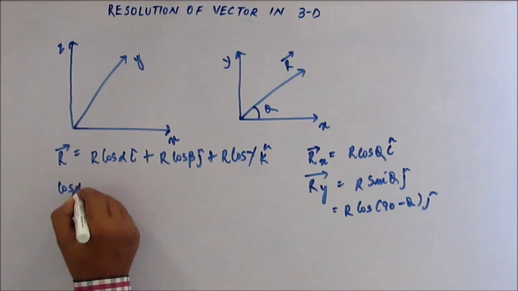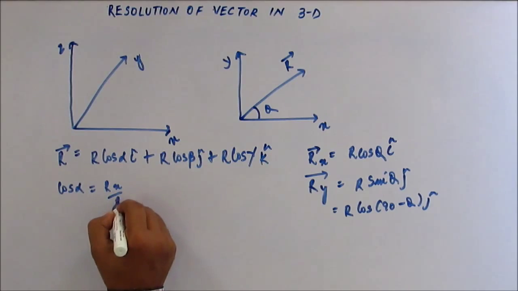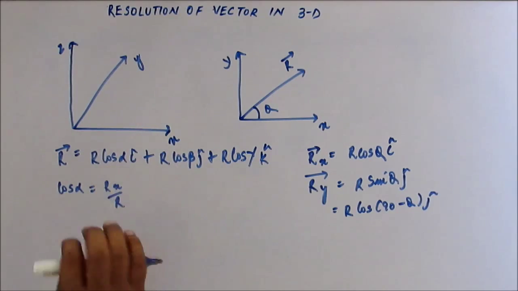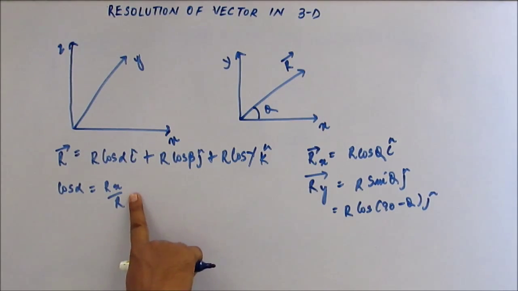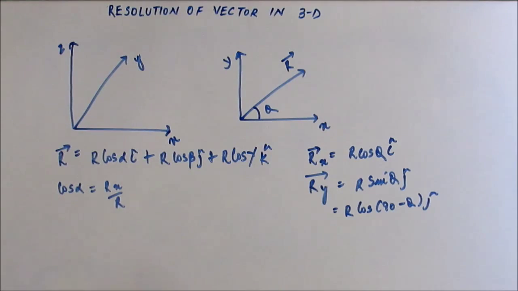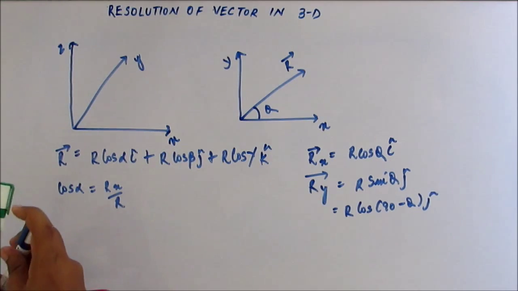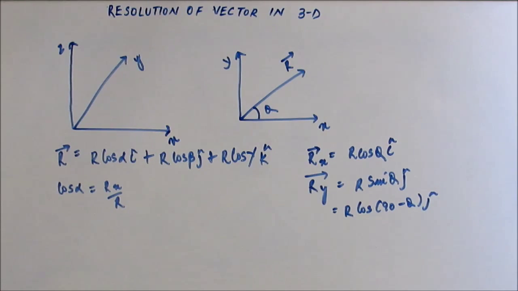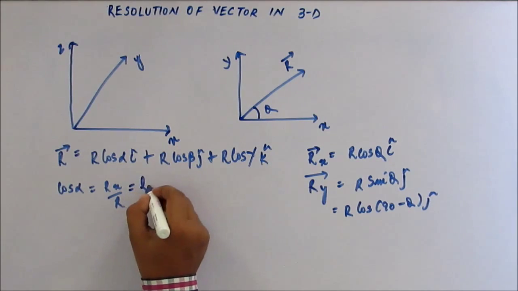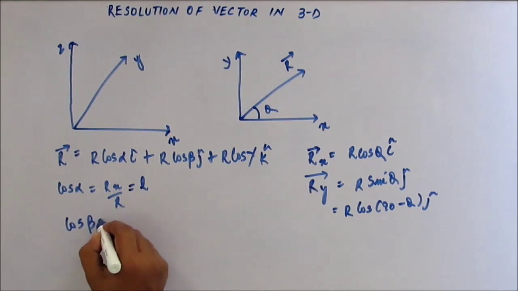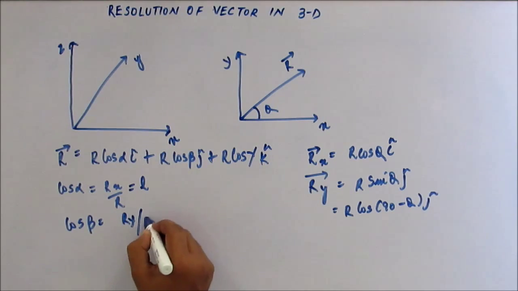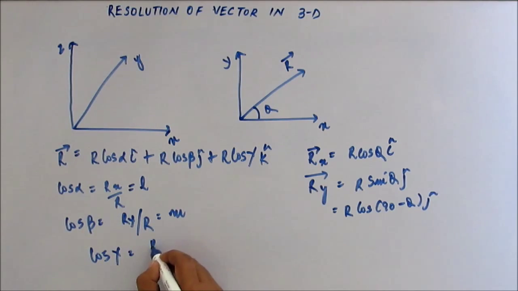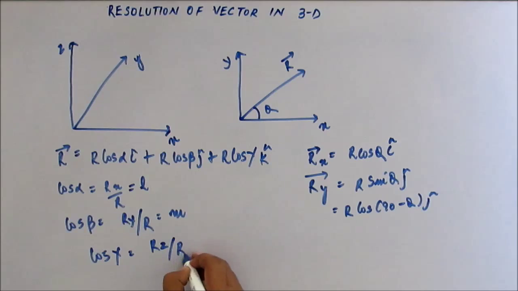Cos alpha is equal to Rx upon R, because the x component, R cos alpha, I'm representing as Rx. So cos alpha is Rx upon R, and we represent it as L. Similarly, cos beta would be Ry upon R, M. And cos gamma will be Rz upon R, N.